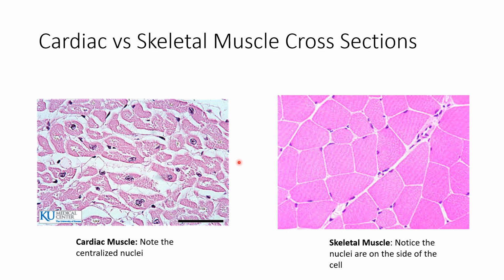So when you look at a cross section of cardiac muscle, you will see that the nuclei tend to be more centralized in the cells. Okay, we can see one here and here and here. Once again, there will be places where we don't see nuclei. That just means in this particular section, we missed that nucleus. It might have been a little bit further down in the tissue or a little bit further up when we were cutting it. So cardiac muscle has centralized nuclei.